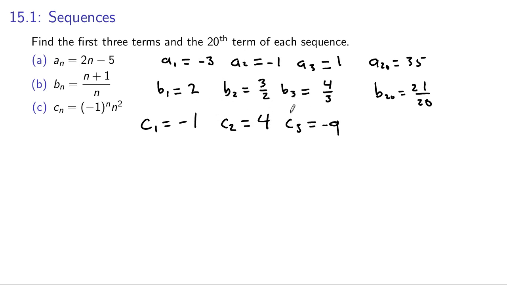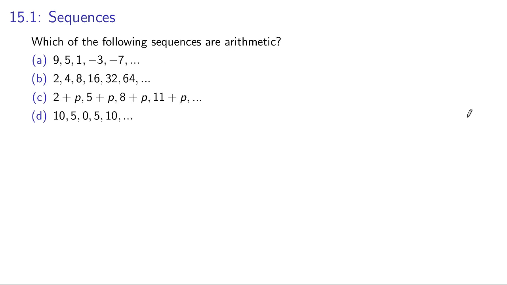The sign alternates between each entry, depending on whether n is even or odd. C sub 20 is even, so the negative will go away, and 20 squared is 20 times 20, which is 4,000. That sounds wrong. 400, sorry. 20 times 20 is 400, not 4,000. Helps to remember our arithmetic.